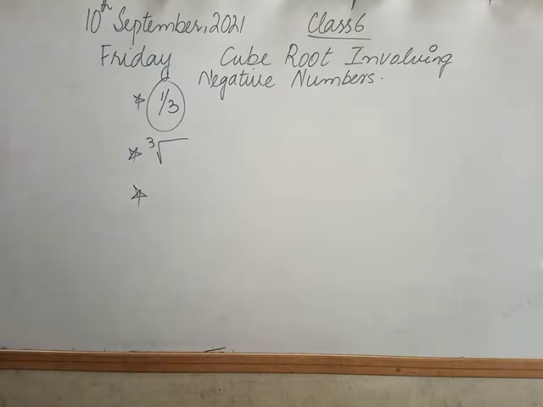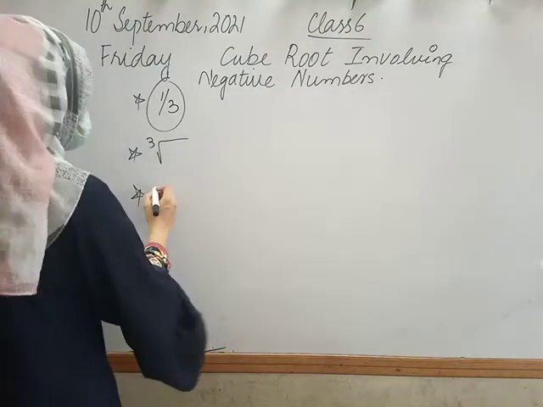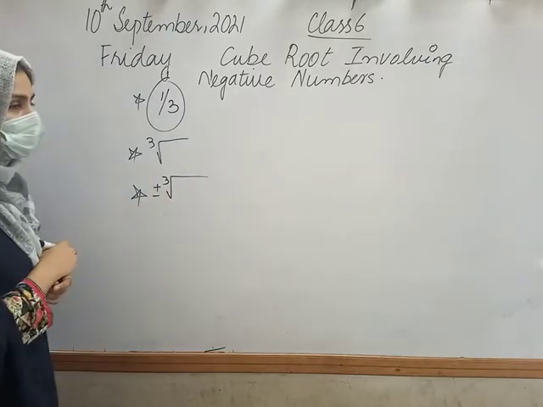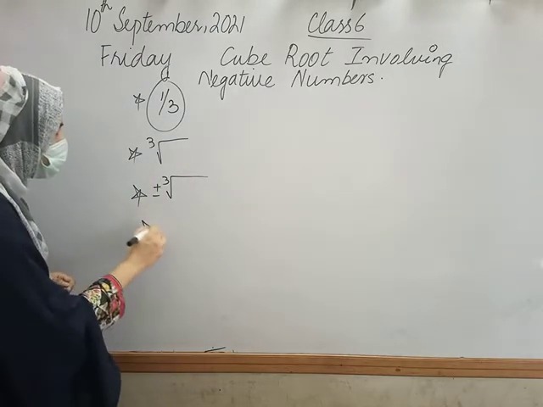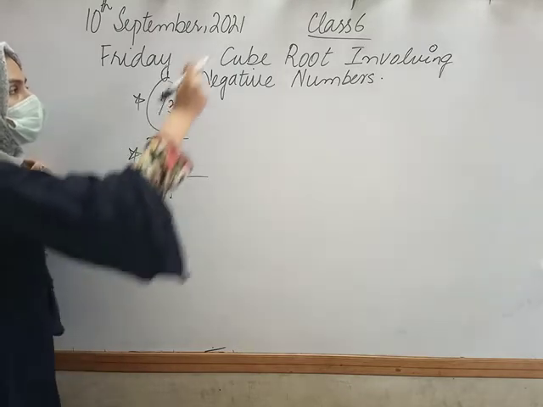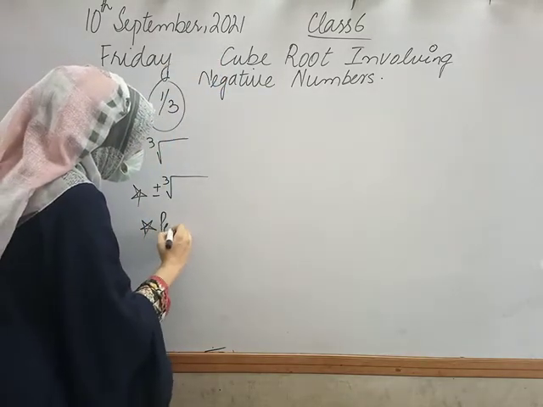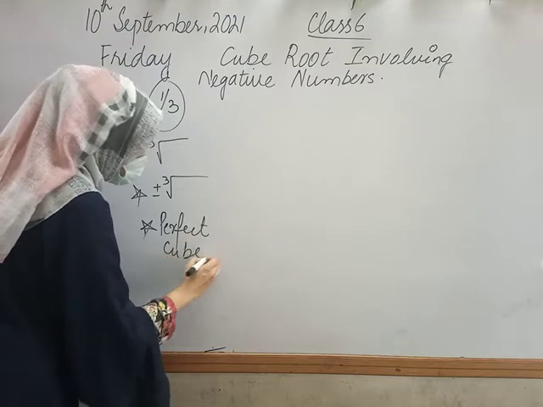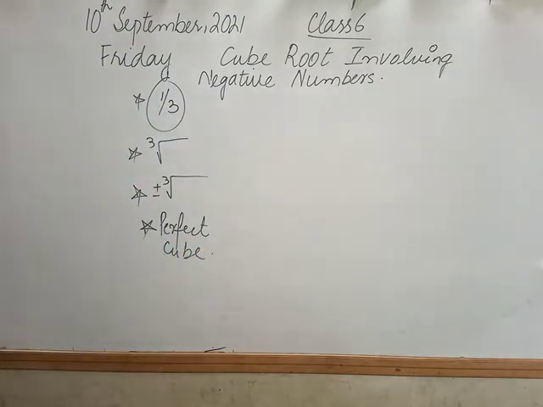Now we can write both positive and negative numbers like this. And in the end, we have also discussed that for cube root we want a perfect cube of that number. Is it clear to all of you, class? These are the properties that we have discussed yesterday.